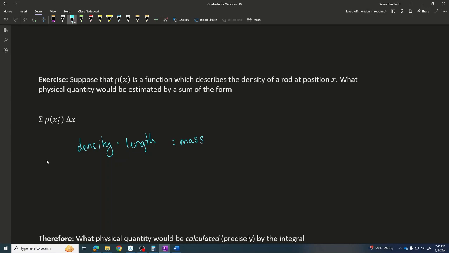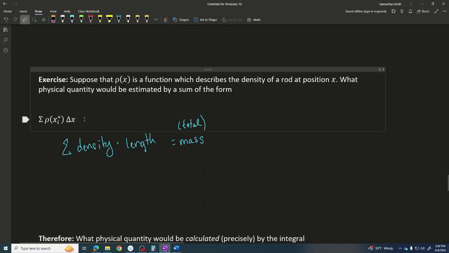And if I sum all of those together, then I'm getting the total mass of my object. However, we noted in that first episode that if you do that via a Riemann sum, this is just going to be an estimate. That estimate is going to get better and better, however, as the number of data points that you have gets larger and larger, and the gaps between your information get smaller and smaller.